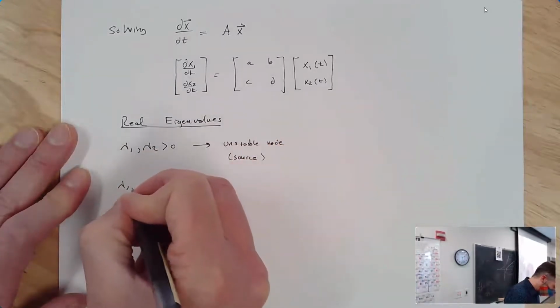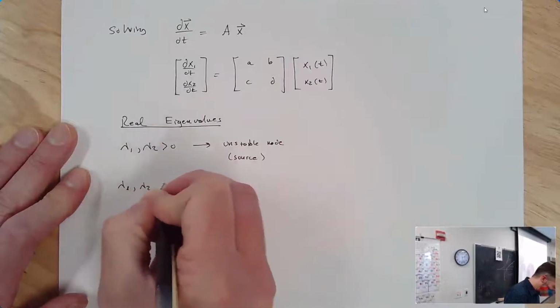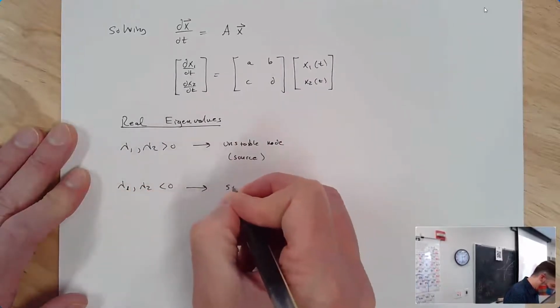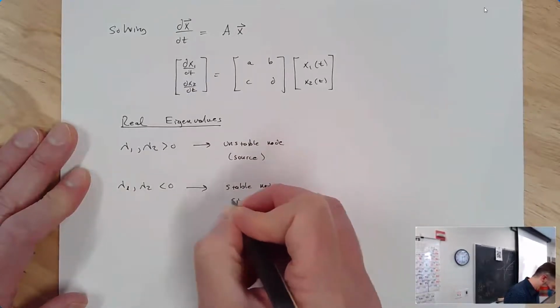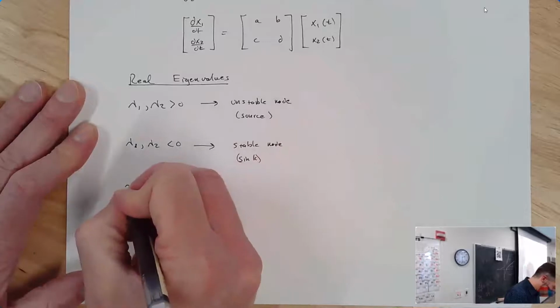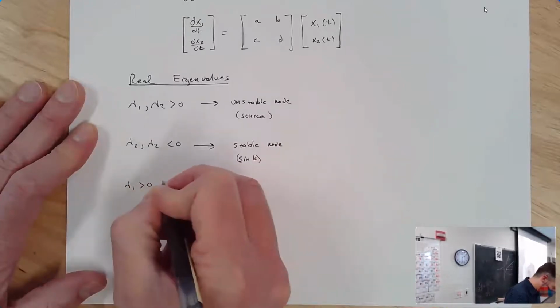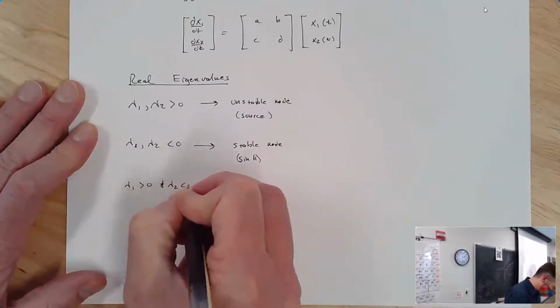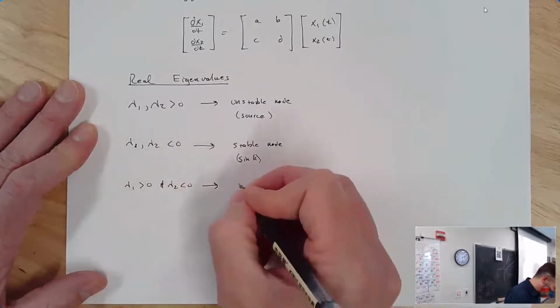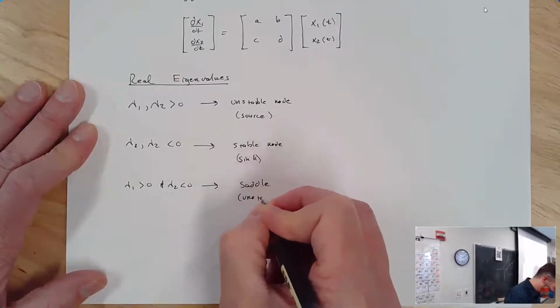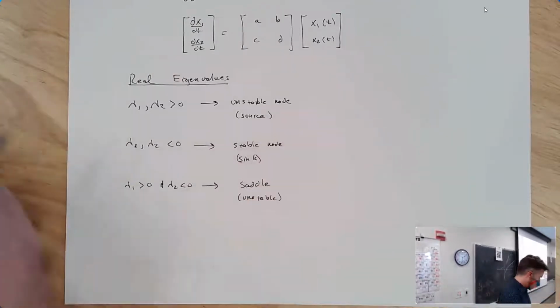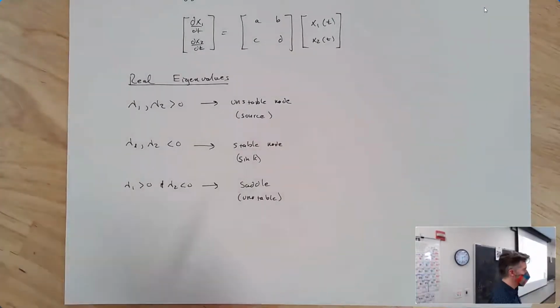If they're both negative, you have a stable node, also called a sink. And if you have one of each, one positive, one negative, you have a saddle, which is generally considered to be unstable. There are other things, so I should say that you can also have one of them be 0. That's not something we're really going to worry about.